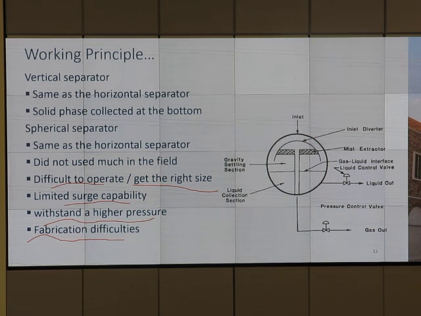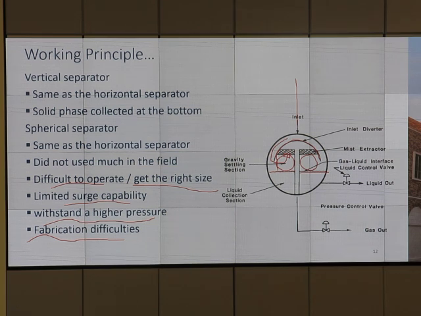Look at this. We have gas and oil inlet coming from the top. It hits the inlet diverter, so the liquid phase will hit, but the gas phase will move around, right? When it hits, liquid will fall down into the liquid collection section. Gas that has some liquid droplets inside goes into the gravity settling section, where liquid droplets come out from the gas phase.